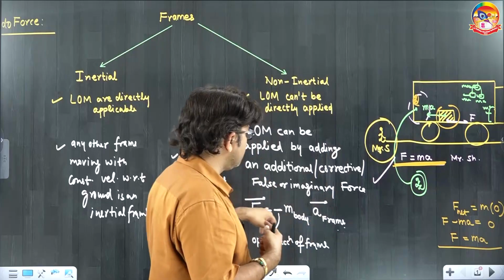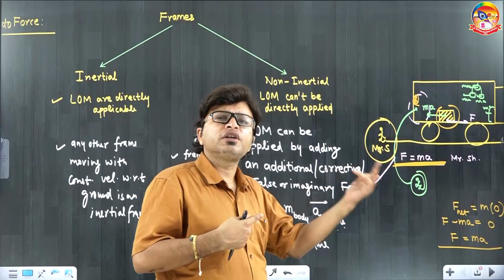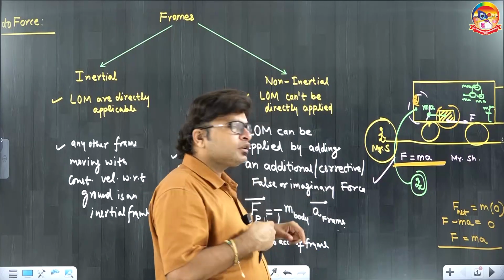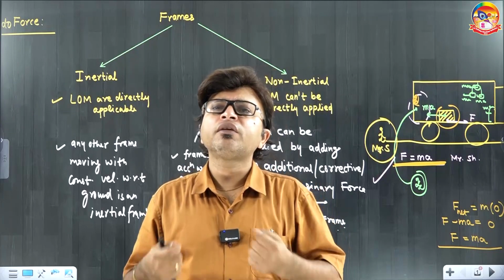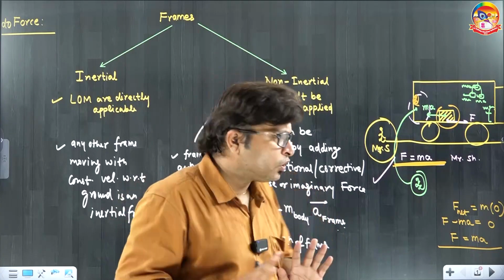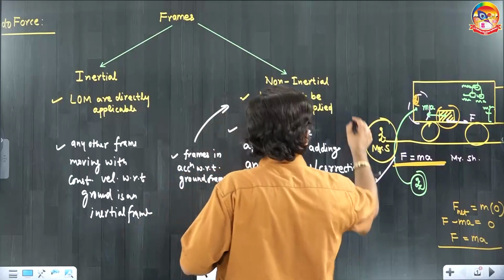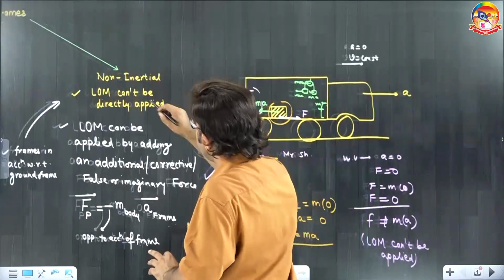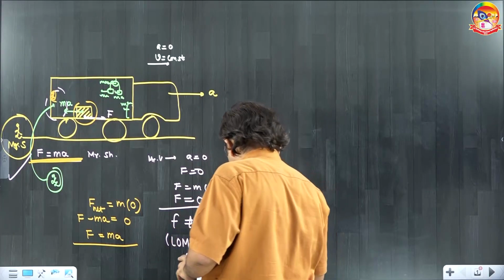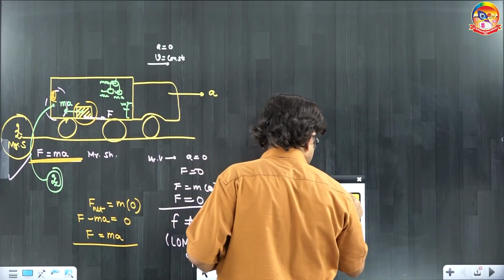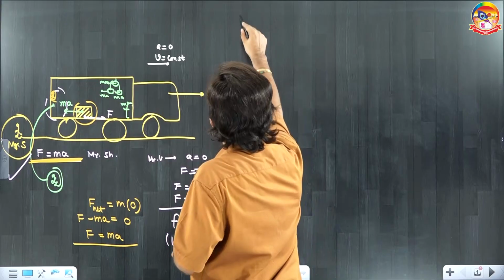And what is the value of this? Mass of the body into acceleration of the frame. And the third thing, which frames are non-inertial? The frames which are accelerating with respect to ground. Okay, anywhere we see an acceleration, that situation is always treated as non-inertial conditions.